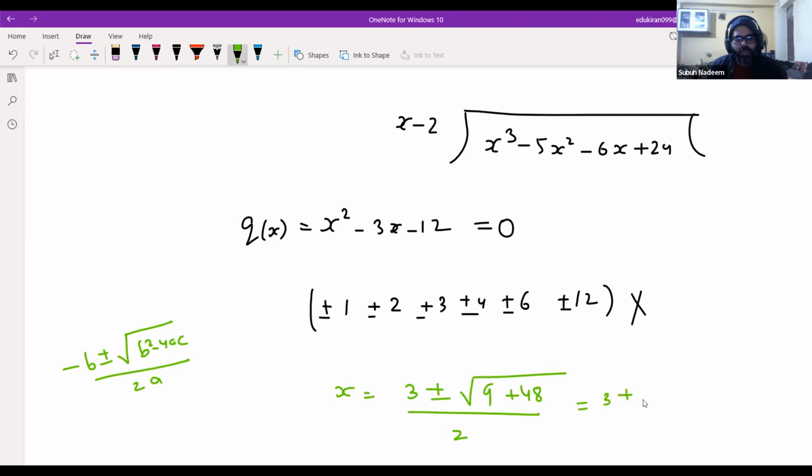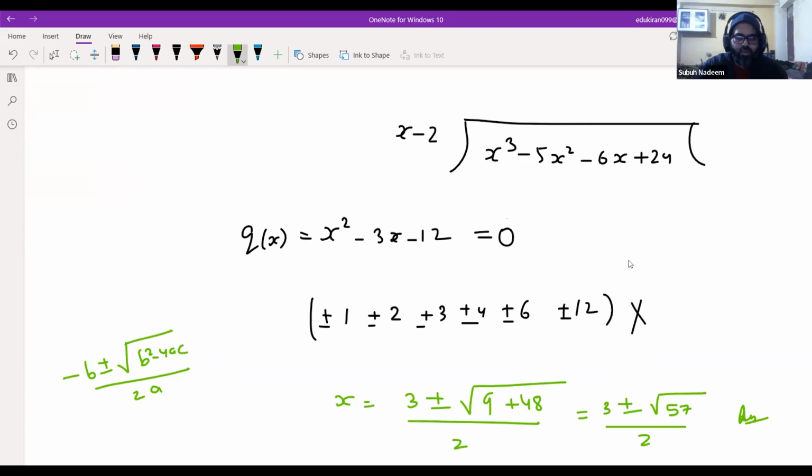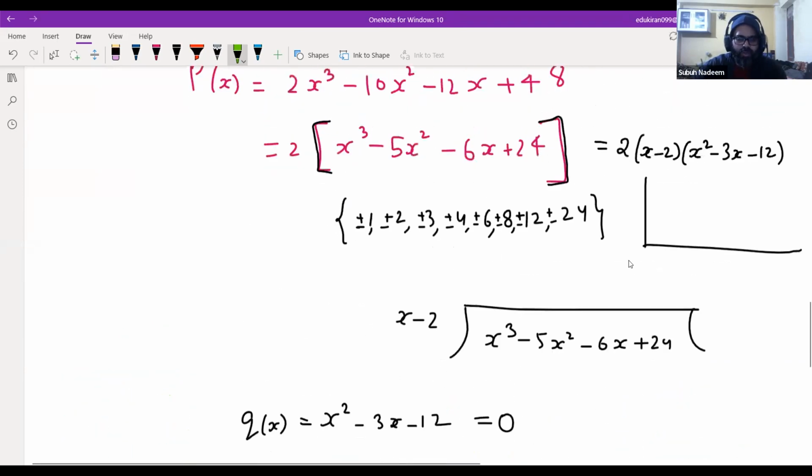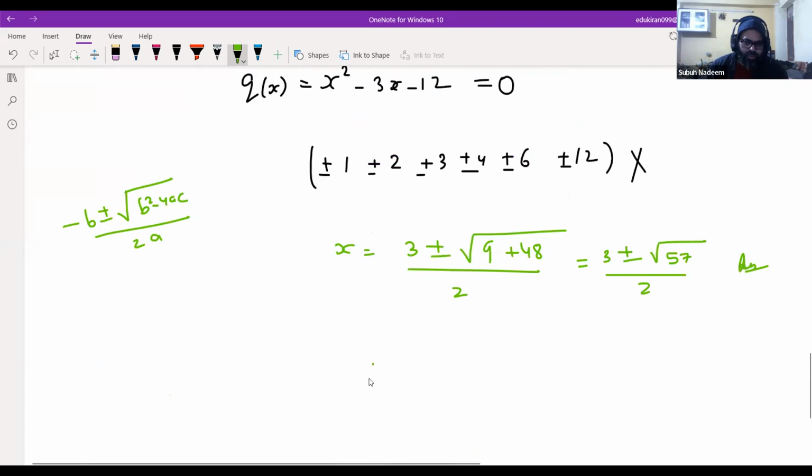So 3 plus minus root over 57 by 2. This will be your answer. So from here you will get 2 is a root, 3 plus root 57 by 2 is another root, and 3 minus root 57 by 2 is another root.